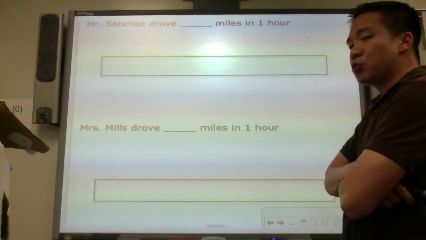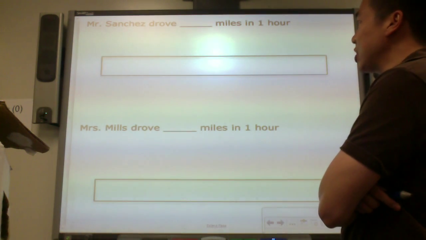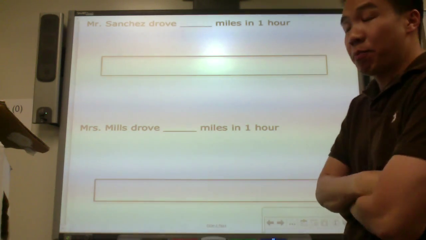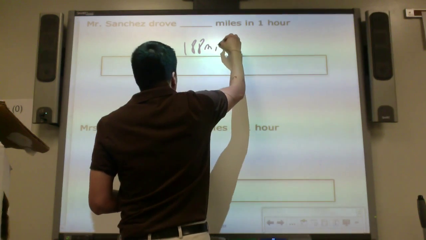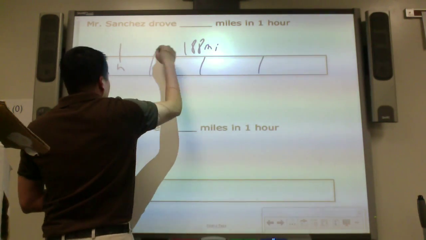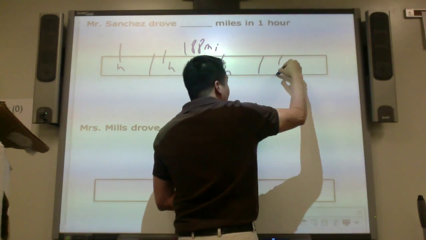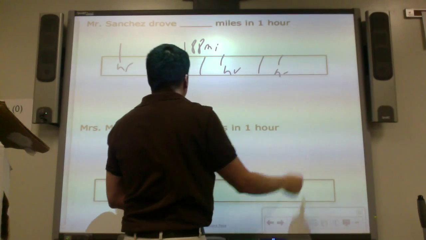So now what we're going to do is break down each statistic, each piece of data. Mr. Sanchez drove blank miles in 1 hour, or per hour. So Mr. Sanchez drove 188 miles in 4 hours. 1 hour, 1 hour, 1 hour, 1 hour. So I'm breaking this down per hour.